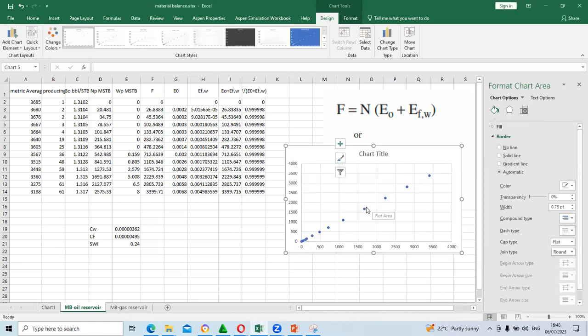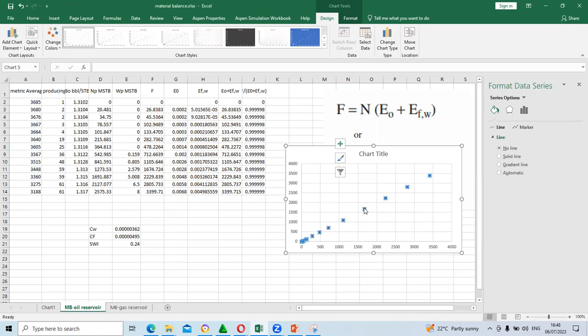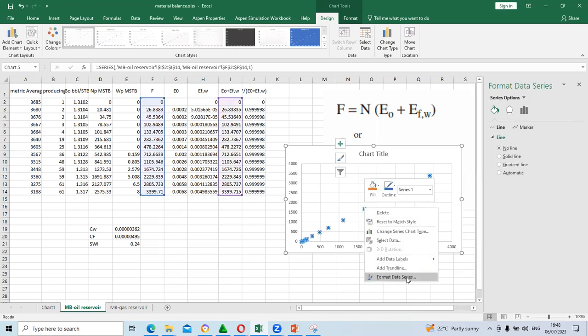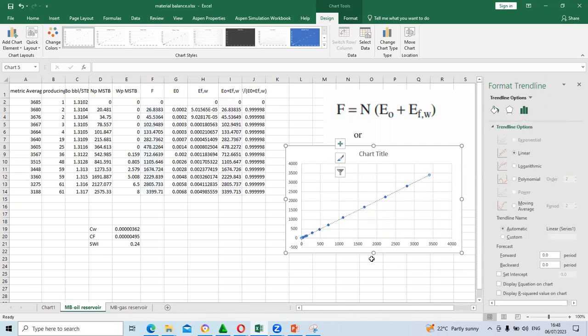We may add our trend line to it. On any point we take, add trend line. It adds the trend line. All right, we may display equation on chart.